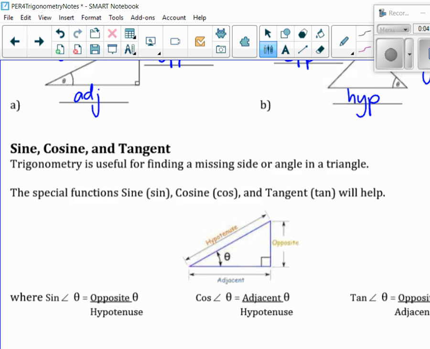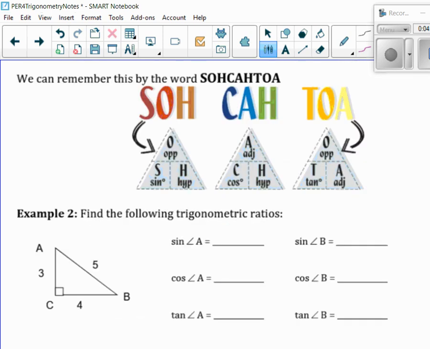If you've ever done trig before, there is a word that sounds like a Chinese or Japanese word, SOHCAHTOA. So what does it mean? Sine is opposite over hypotenuse. Cosine is adjacent over hypotenuse. Tangent is opposite over adjacent.